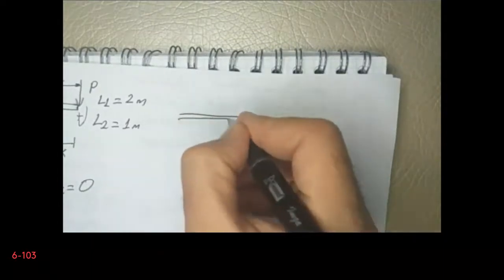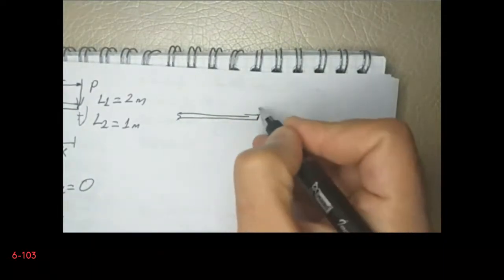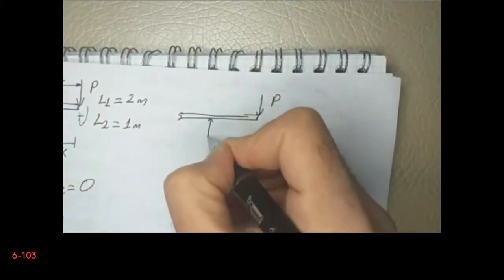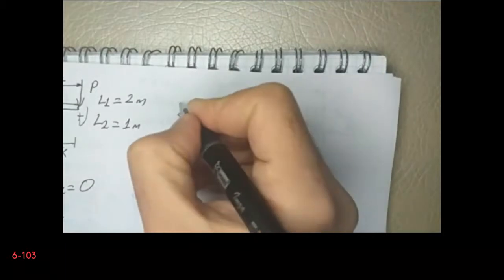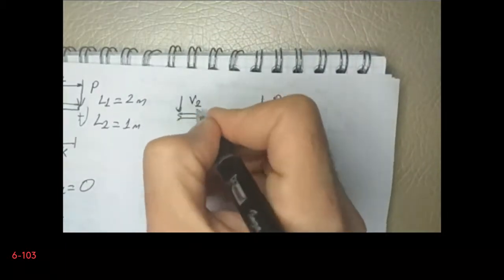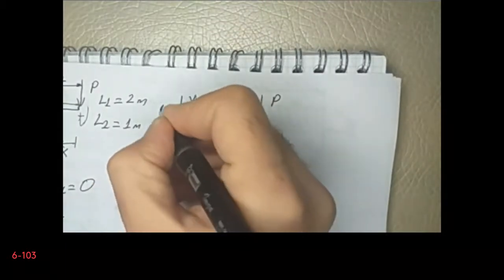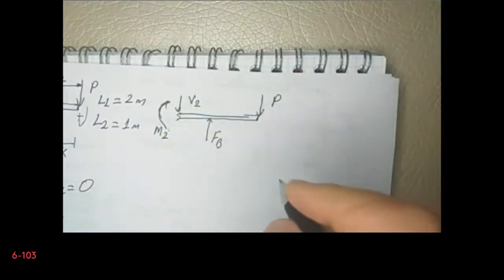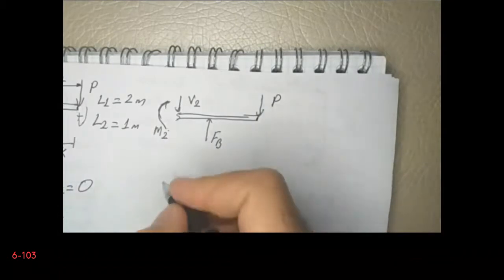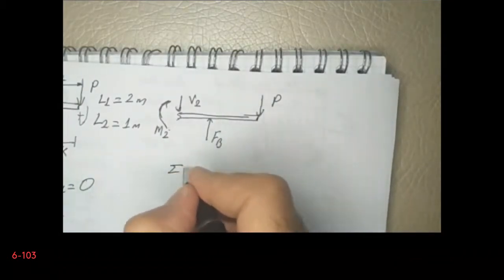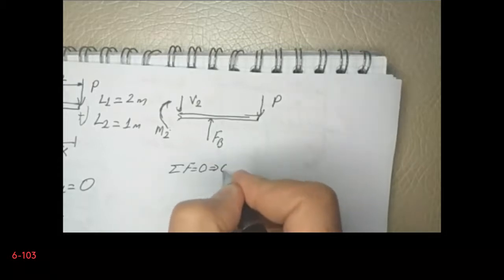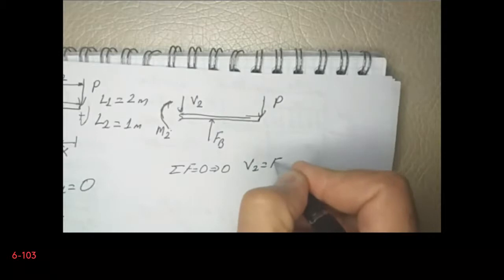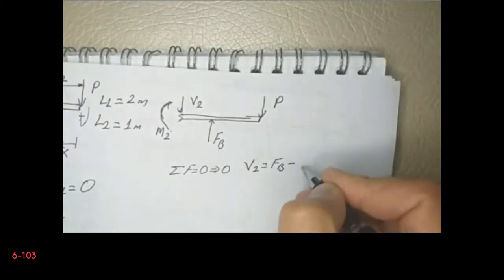So I have my P here, I have my FB here, I have V2, I have M2 here. Again I will write this static equilibrium, sum of the forces has to be equal to 0. This basically gives me that V2 is equal to FB minus P. I can put the FB into its place.